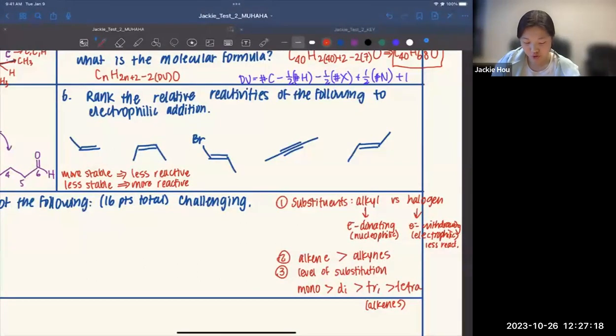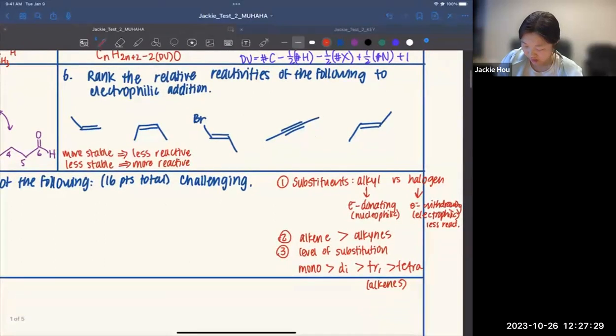And then di-substituted is going to be more stable, but it's going to be less reactive in that way, right? And so the same is true, tetra is going to be more stable, but least reactive. And mono is less stable, but most reactive.